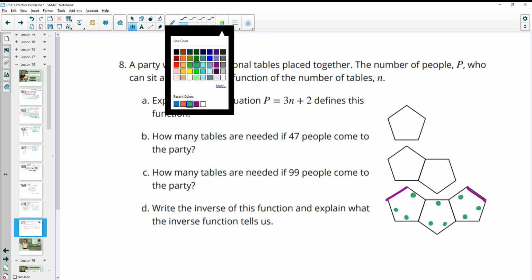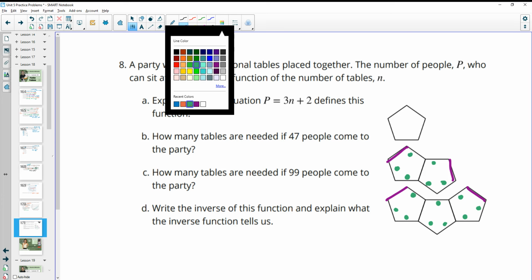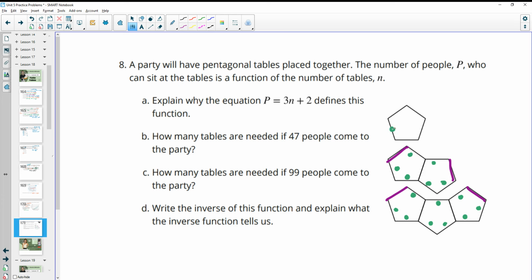If we look at this second set, we've got 1, 2, 3 people, 1, 2, 3 people, and then this end and this end. When nothing is connected, you still have 1, 2, 3 at this table, and then this end and this end.